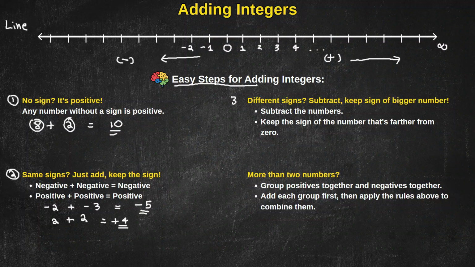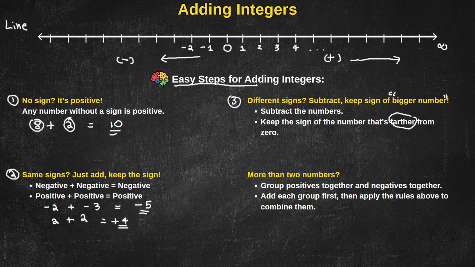Let's look at step number 3. Different signs subtract. Keep the sign of the bigger number. Subtract the numbers. Keep the sign of the number that's farther from 0. This word here, farther, is our key term.